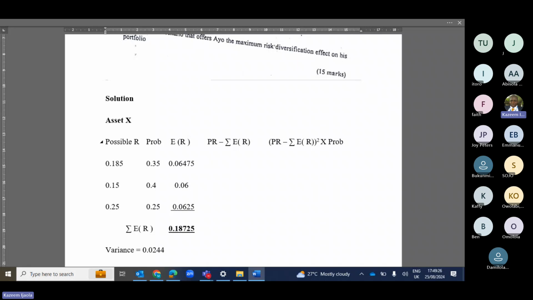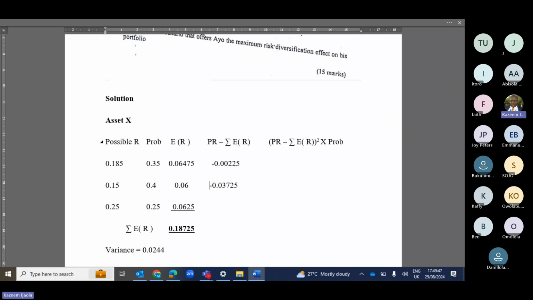I got minus 0.00225. Then this one will be 0.15 minus 0.18725. This gives me minus 0.03725.